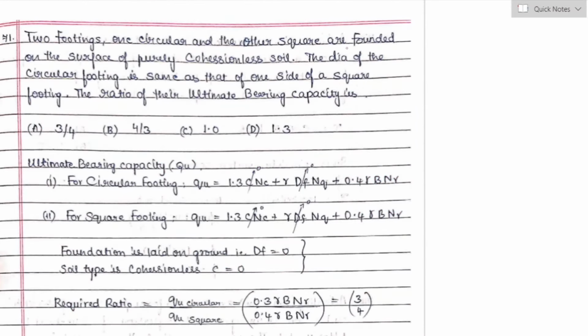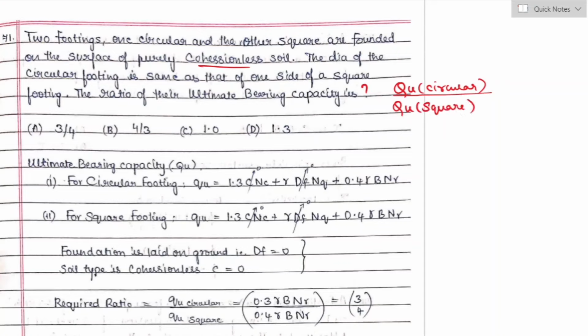Question number 71. Two footings, one circular and other square, are founded on the surface of purely cohesionless soil. The diameter of the circular footing is the same as that of one side of the square footing. The ratio of their ultimate bearing capacity is. So we have to find the ratio of ultimate bearing capacity of circular footing divided by ultimate bearing capacity of square footing.